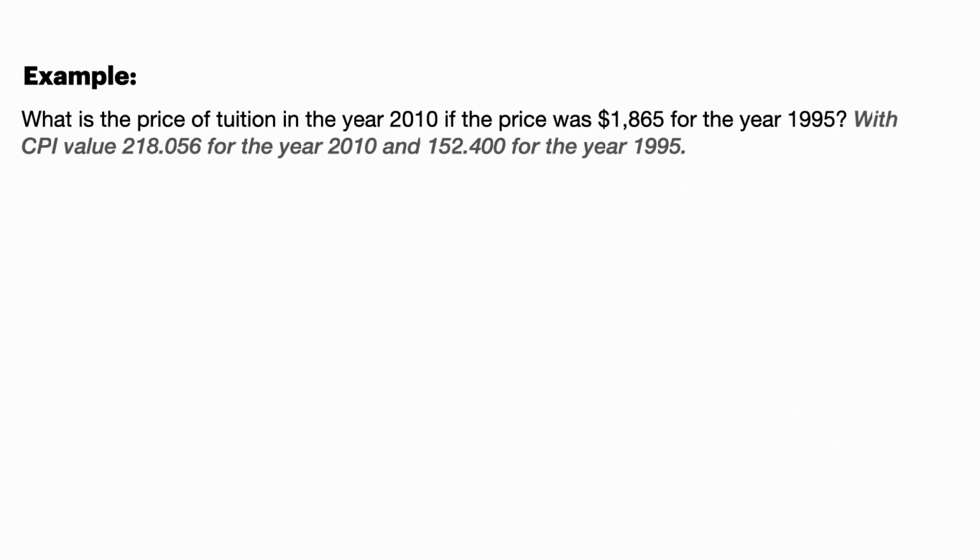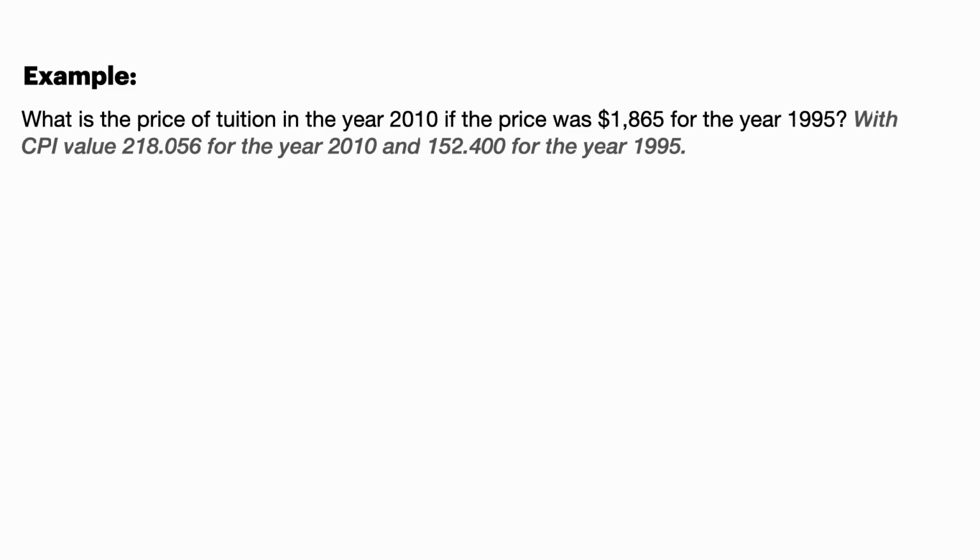So what is the price of tuition in the year 2010 if the price was $1,865 in 1995, and then with the given CPI values of 218.056 for 2010 and 152.4 for the year 1995.